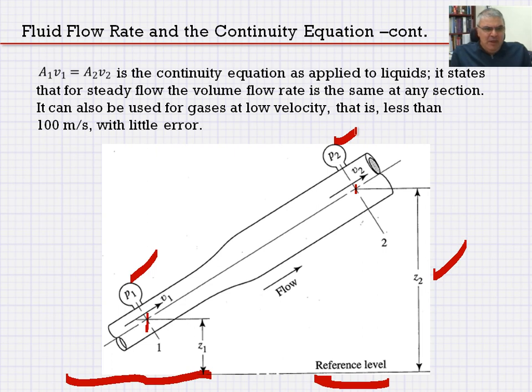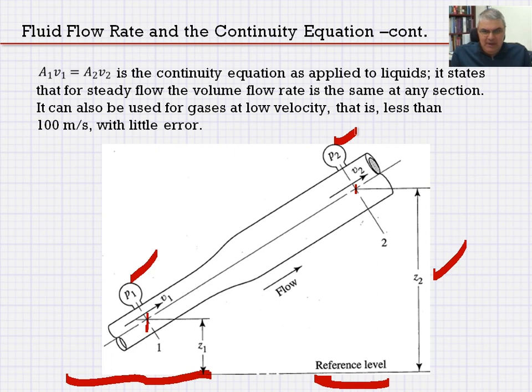As you can see, we can apply Q1 equals Q2, and it's a continuity equation. We can apply it to liquids, and what it really means is that for a steady flow, the volume flow rate is the same at any section. That's what it really implies in plain English. It can also be used for gases at low velocity.